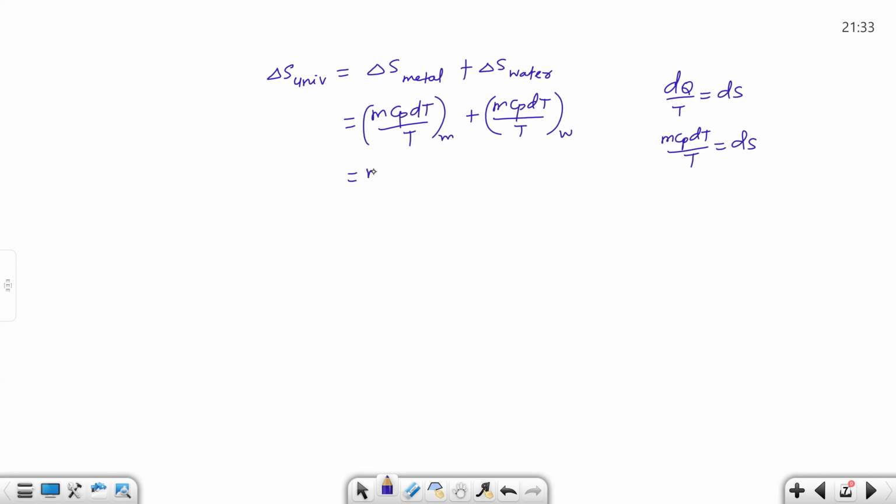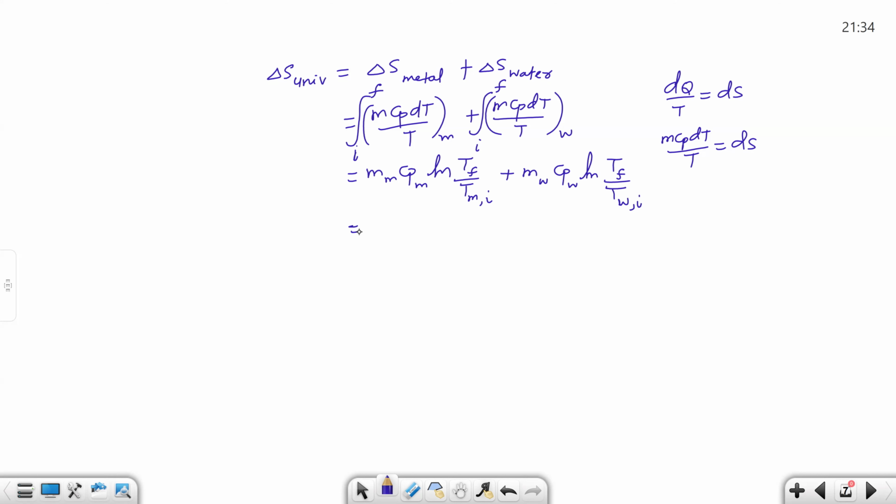So you can take m of metal block, Cp of metal block, ln the integration from initial to final. Same thing, final temperature to initial temperature of the metal block, plus water, Cp of water, ln final temperature by initial temperature of the water.